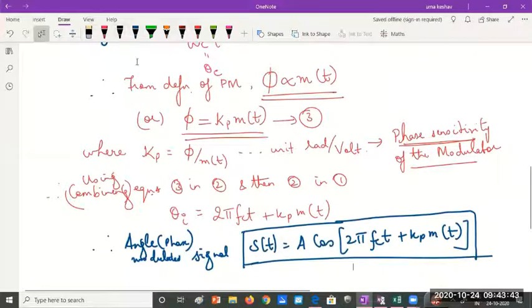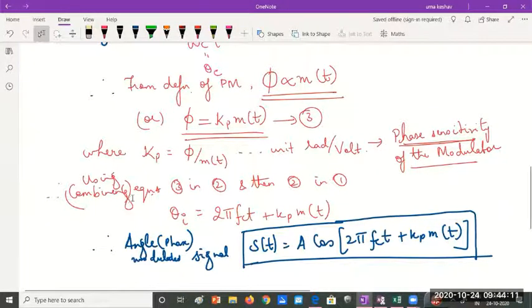And according to this equation, Kp can be defined as change in phase angle divided by the change in message. And change in message would be in terms of amplitude, which is volts. Change in the phase angle would be expressed in radians. So the unit of this Kp is radian per volt, and it is known as the phase sensitivity of the modulator.